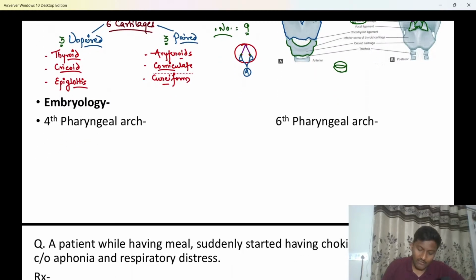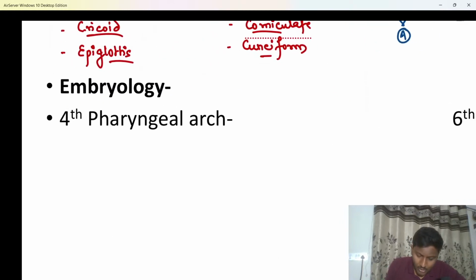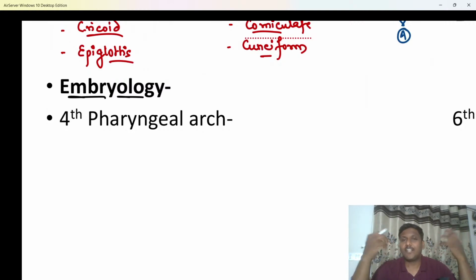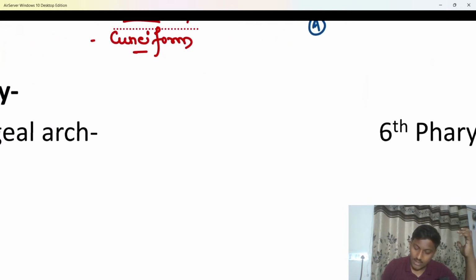Okay. Now if I talk about embryology, so please remember embryology, that means from where is the larynx or its parts derived from. So I hope all of you are quite aware beta that all the structures in the neck region or in the head region, they are derived from the pharyngeal cleft, pharyngeal arc or the pharyngeal pouch. Okay, क्या होता है? Your mesoderm, your endoderm and your ectoderm beta at the level of the neck during organogenesis, ये क्या बनाते हैं?